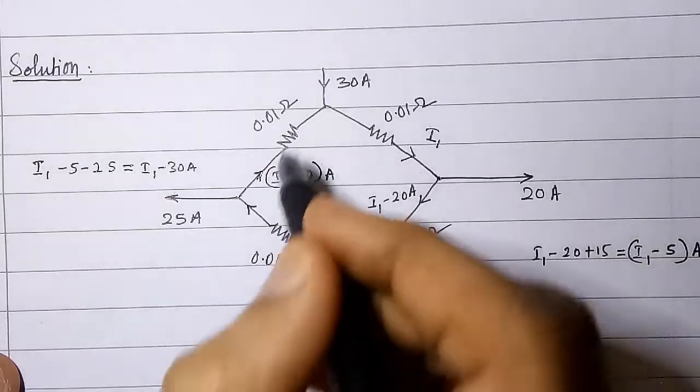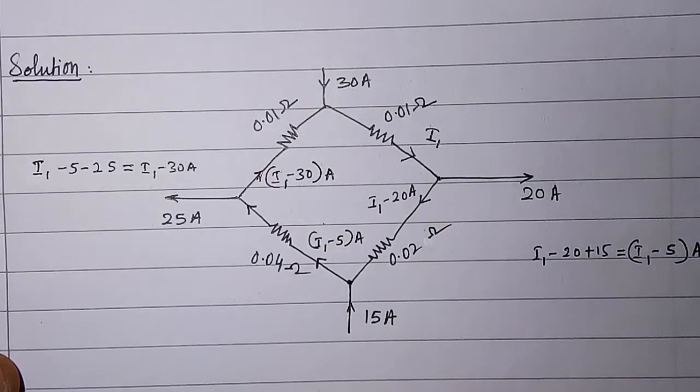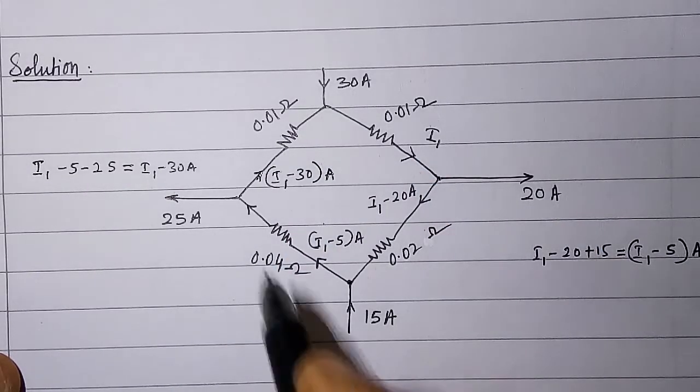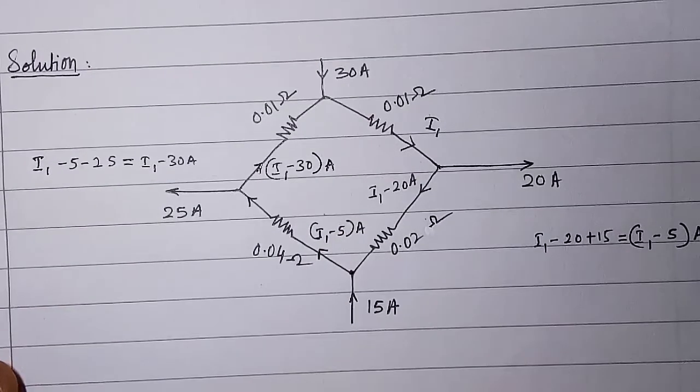Okay. In this mesh we don't have any voltage source, so the voltage rise is equal to 0.